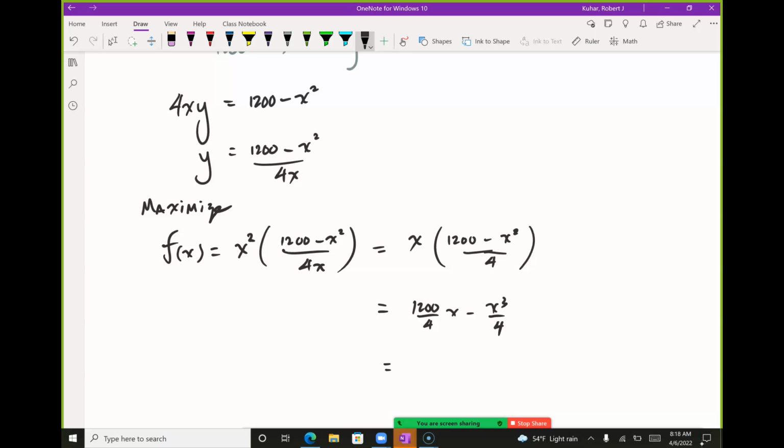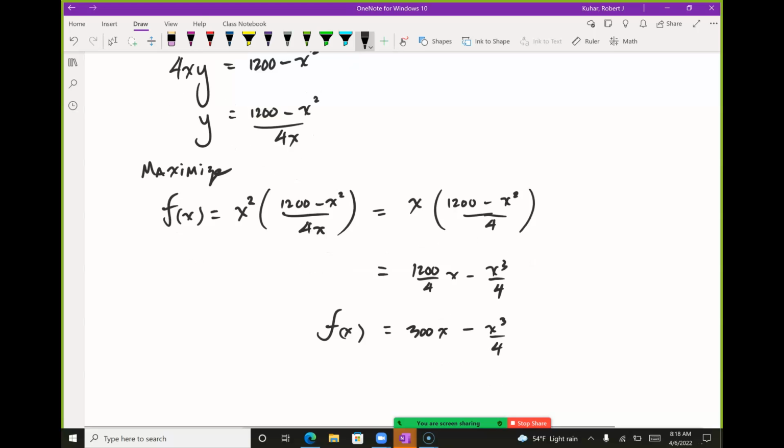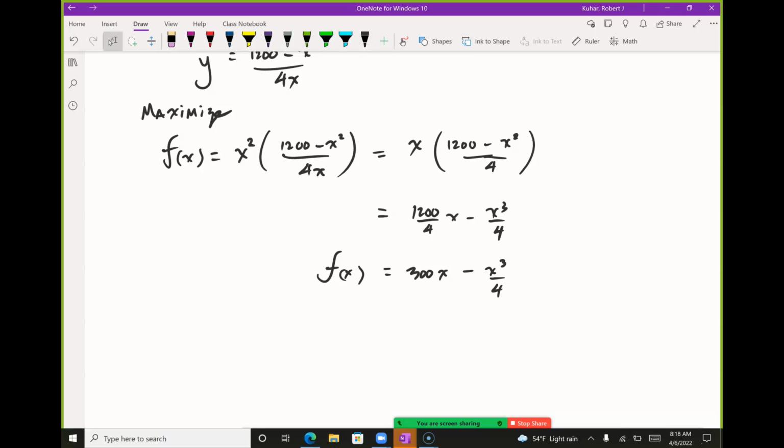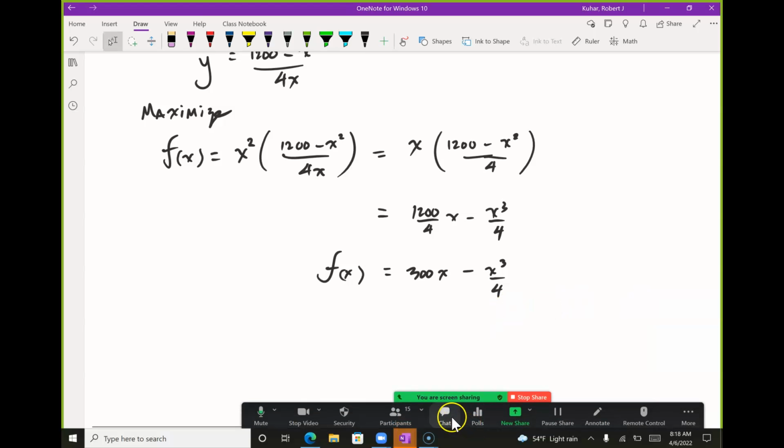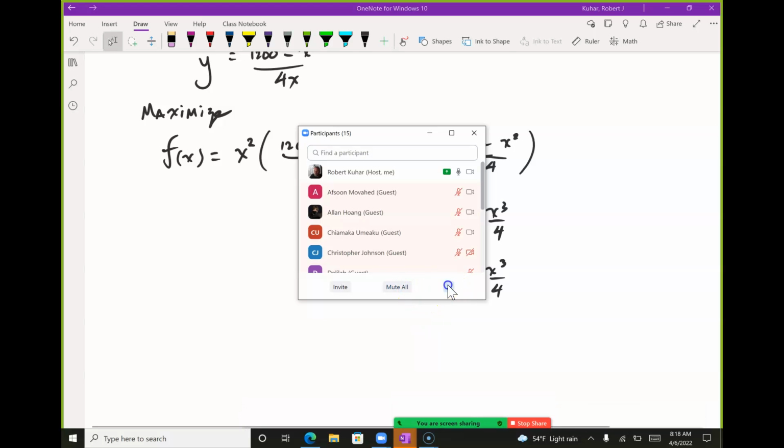Of course, I can simplify that: 300x minus x cubed over 4. So there's my function. I didn't have to do all of that. I could have certainly used a different process to do my derivative, but why make myself work too much, trying to make things simple.